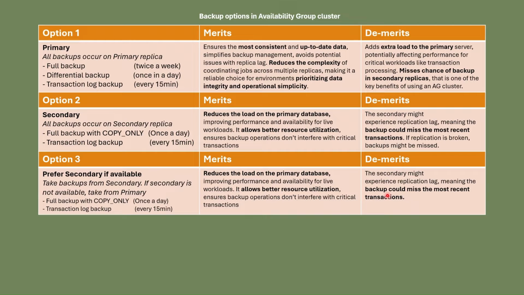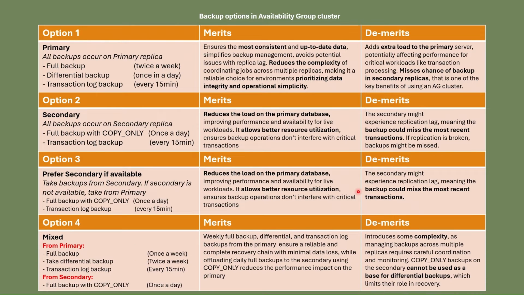The next option is mixed one. You can also mix backup types according to the load you have, according to your company's policies. For example, here you can take full backup only once in a week, differential backup twice a week. As you can see, compared to option 1, we are decreasing backup frequency in primary, right?